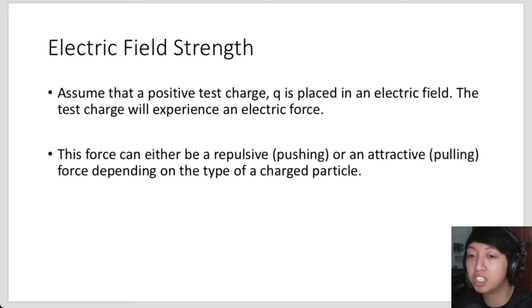A positive test charge means we put a charge as a test anywhere in an electric field. So this charge, like we've already learned, will experience an electric force. Either it will be pushed away or pulled away depending on the type of charge, whether it's a negative charge or a positive charge.